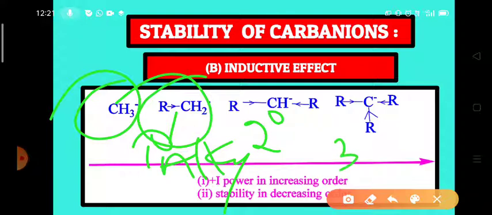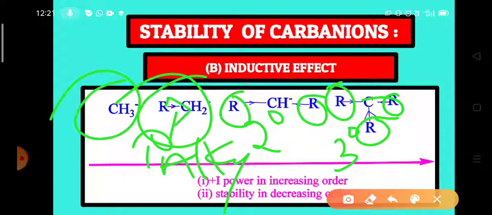Secondary and this is tertiary. In the secondary alkyl carbon ions, 2 alkyl groups are there. In the tertiary alkyl group, 3 alkyl groups are there. And alkyl groups push the electron pair towards the carbon ionic carbon. So as a result, due to the presence of the alkyl groups, the charge density increases on the carbon ionic carbon.